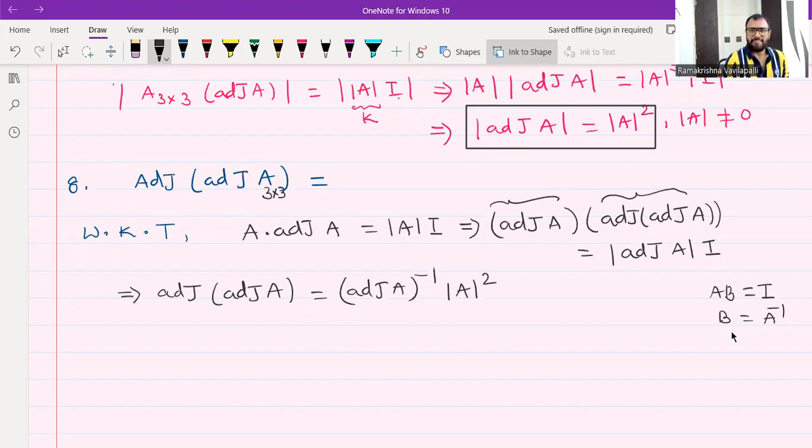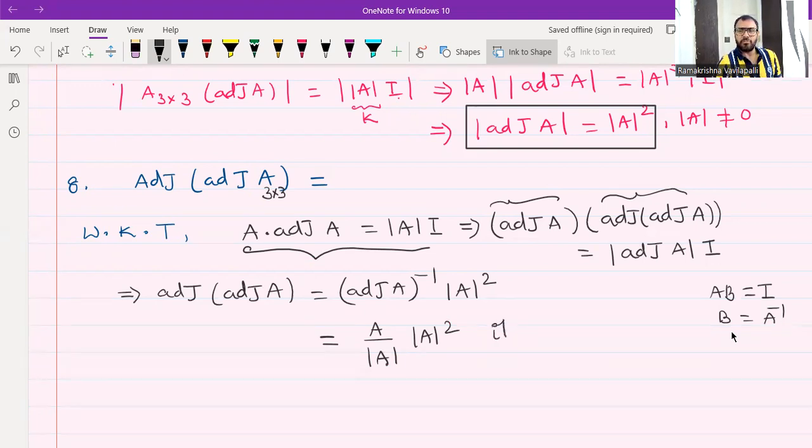You see, adjoint of A whole inverse equal to A by det A into det A whole square. This I got from this only. This adjoint of A send RHS and bring that det A to the left side. So, whatever we are doing all these things, provided that determinant is not equal to 0.